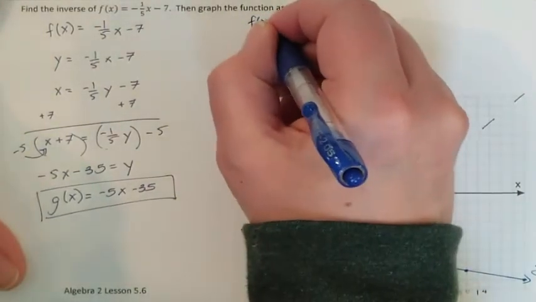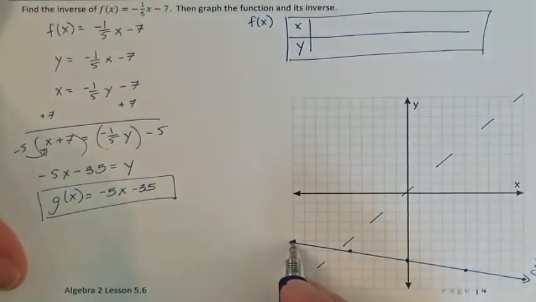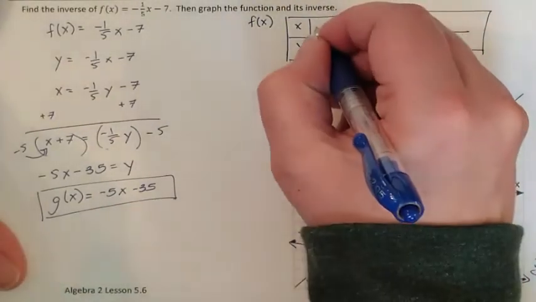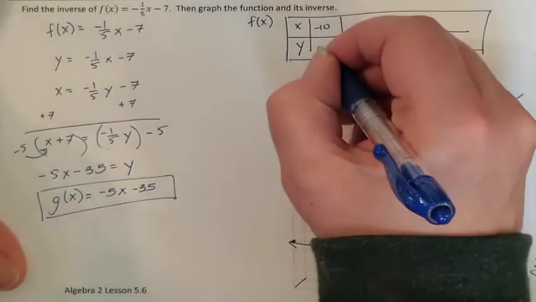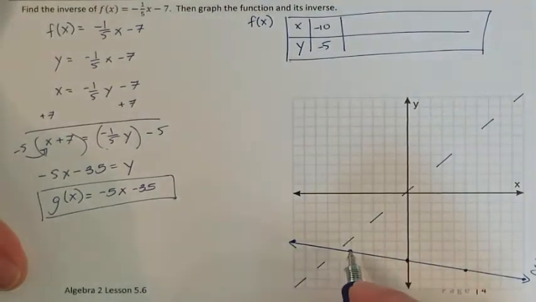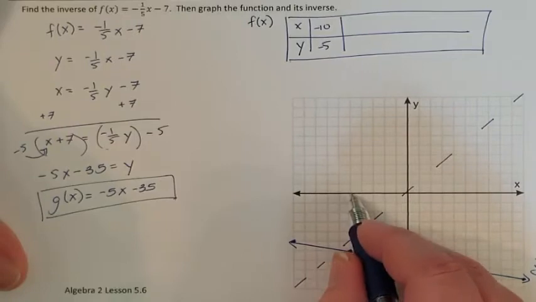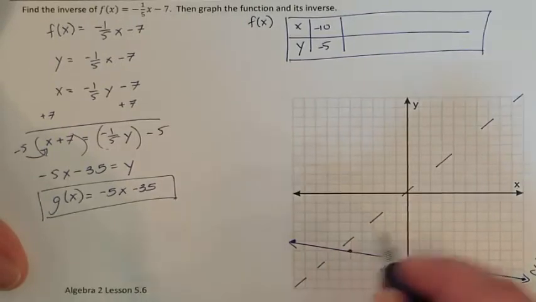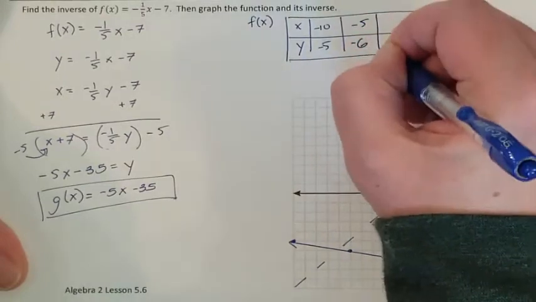So here is my f of x table. I had this x value, which is negative 10, and when I did that, I got negative 5. The other x value I had was negative 5, and I got negative 6.